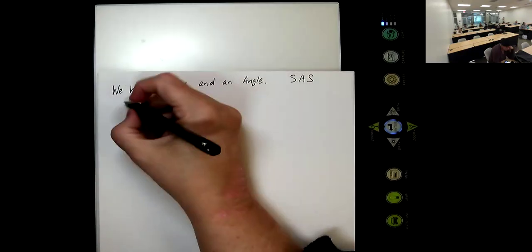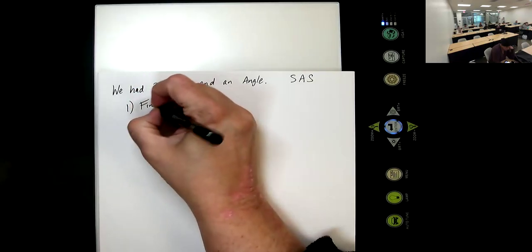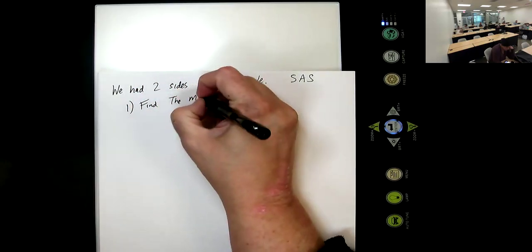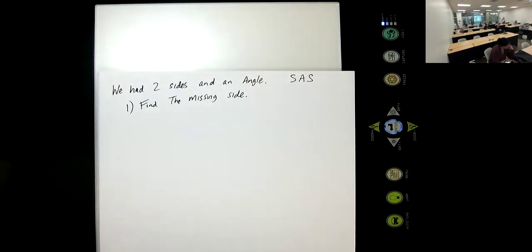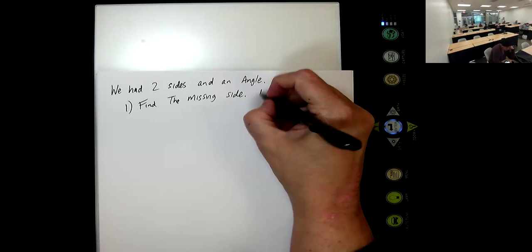So when we do this, step one, find the missing side with law of cosines.